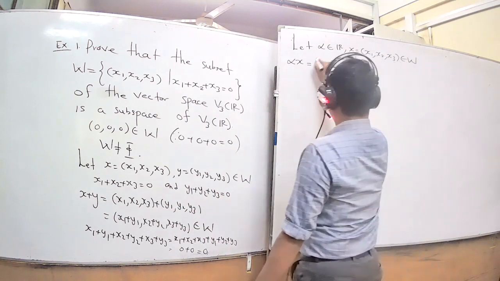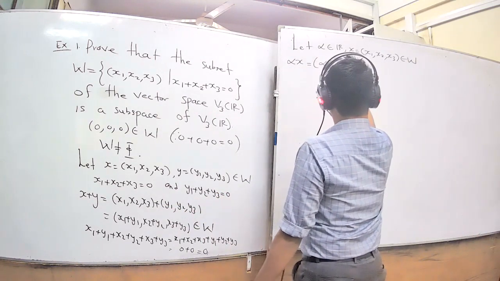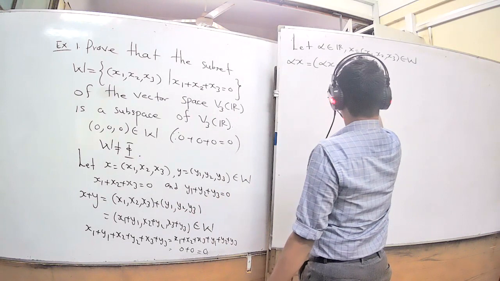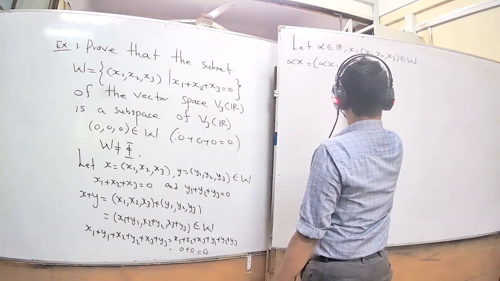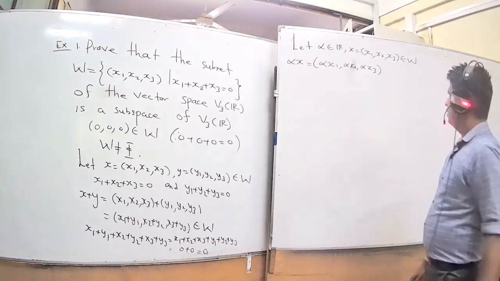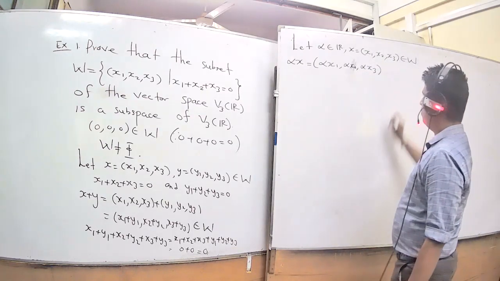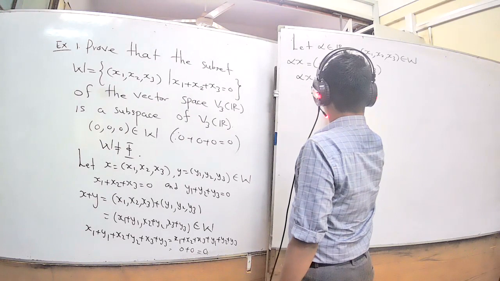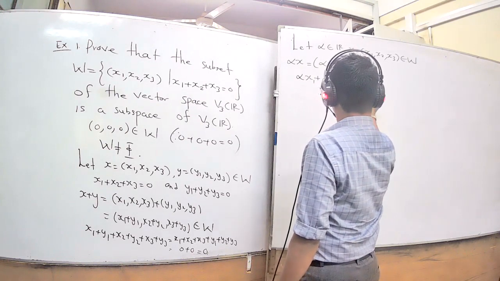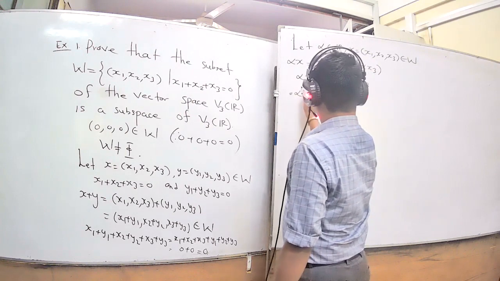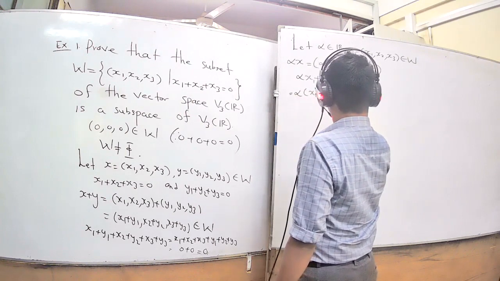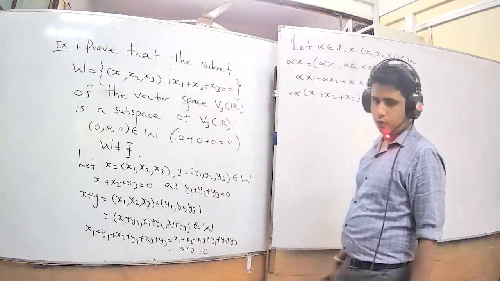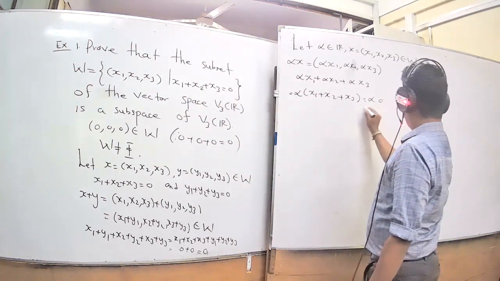So alpha x is (alpha x1, alpha x2, alpha x3), and we want to show that this belongs to W. You can take alpha outside: alpha times (x1 plus x2 plus x3). Since x belongs to W, x1 plus x2 plus x3 equals 0, so it is alpha times 0, which is 0.